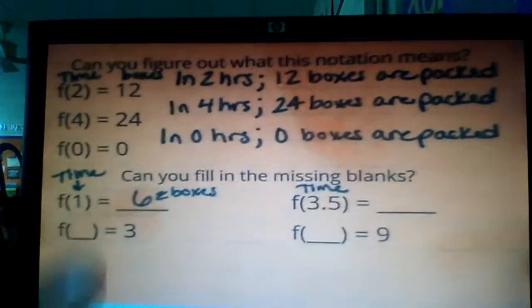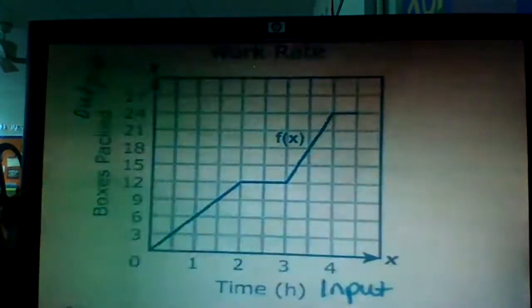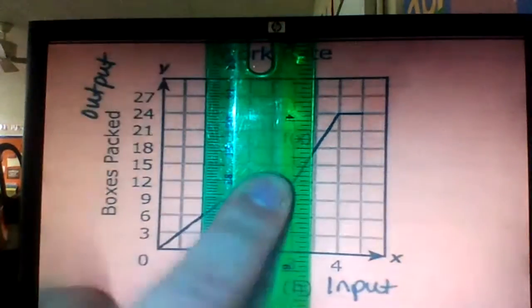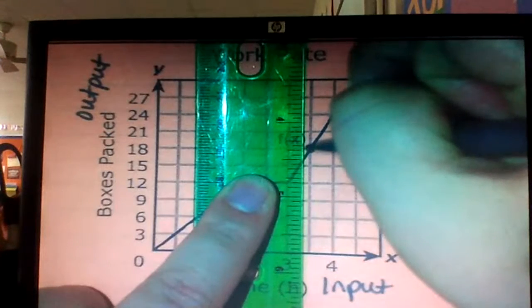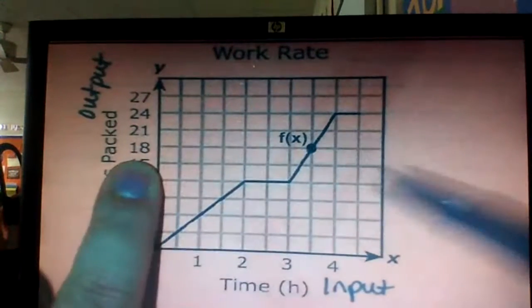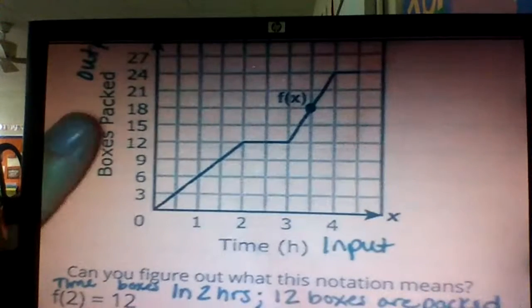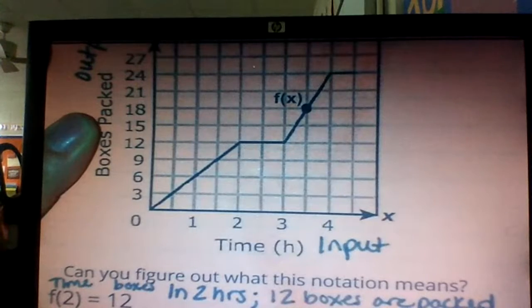You line it up. Hold on. Line it up. Okay, 3.5 hours. So that's here. So that means my graph is here, and that is 18 boxes. That's 0.5.